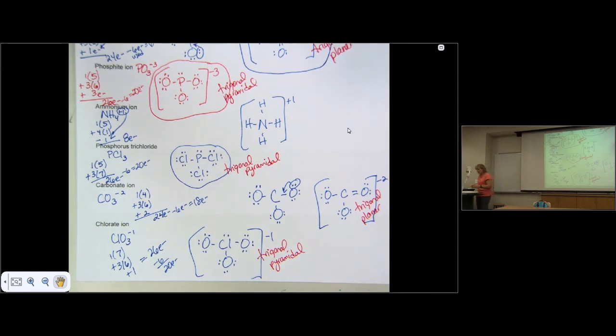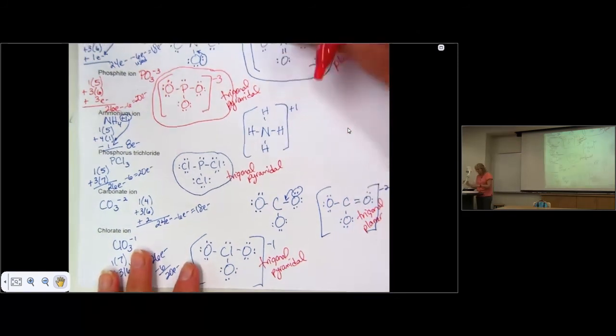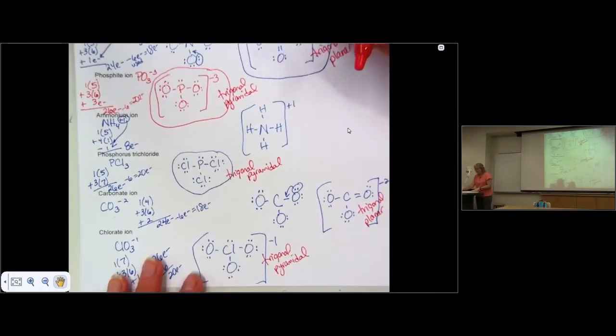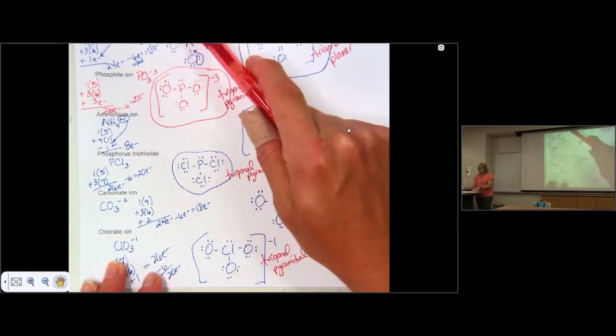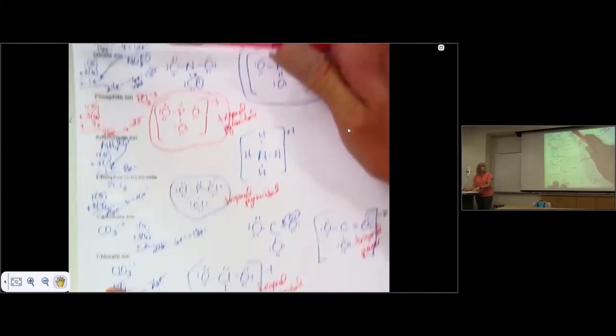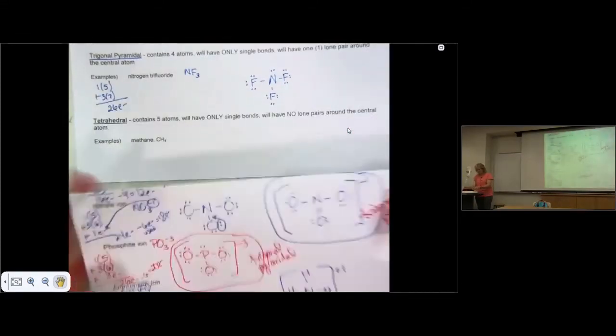Okay. Something I want to point out, I'm hoping some of you saw this and thought, well, yeah, I know that. And if you didn't, I'm going to try to point it out so you will. With nitrogen trifluoride, you can't see that.